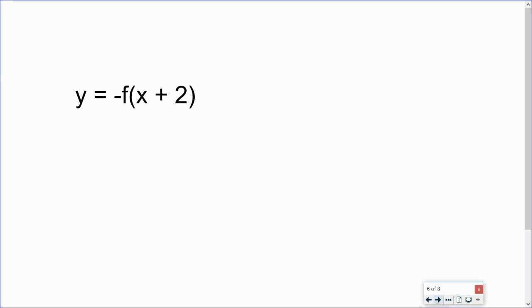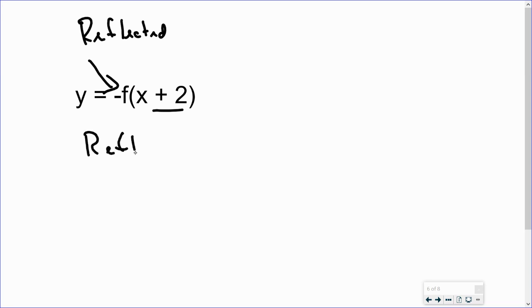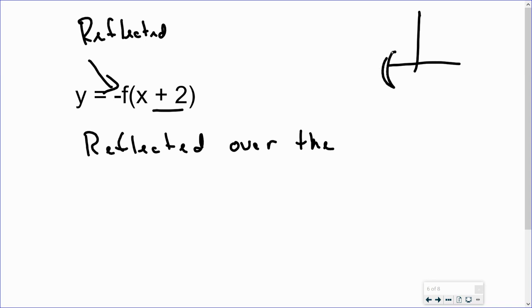Okay, now this one. All right, I see the negative sign, I see this. Negative sign's on the outside, so that means that this was reflected. All right, now which way is that? Okay, if it's on the outside, it's a vertical change. So I'm gonna put reflected over the, okay, now vertical, that means it's gotta go this way.